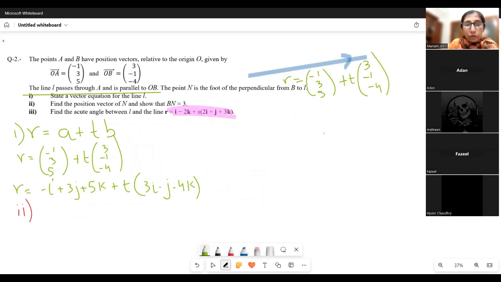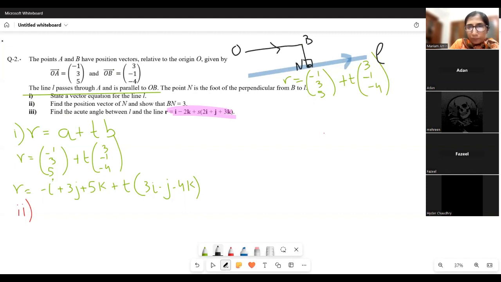The line L passes through A and is parallel to OB. Remember there was a parallel vector to it, which was OB. Now, N is the foot of perpendicular from B to the line. N is here. Find the position vector of N and show that BN equals 3.